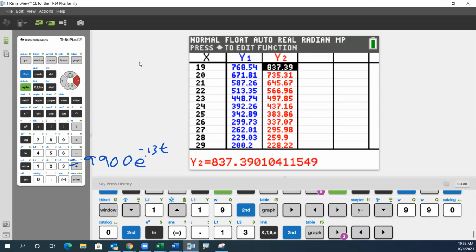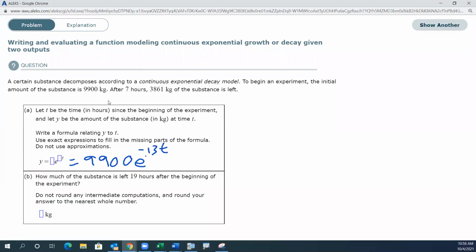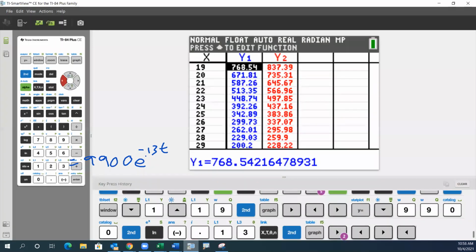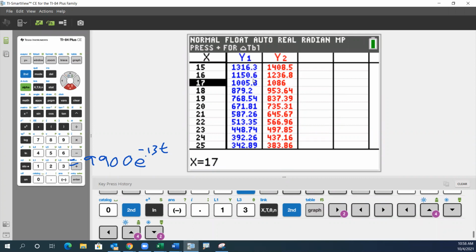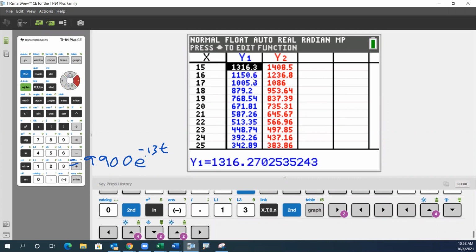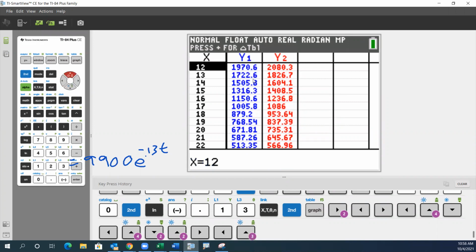Okay, that's different by about 70 kilograms. Now, in this situation, I don't know the nature of the experiment, so that might not be a big deal. It might be. And the further out you go, well, yeah. So anyway, you can just kind of explore it around. It looks like at 15 hours, it was an even bigger gap, about 80, 90 or whatever. Anyway, so that's kind of how it's done.